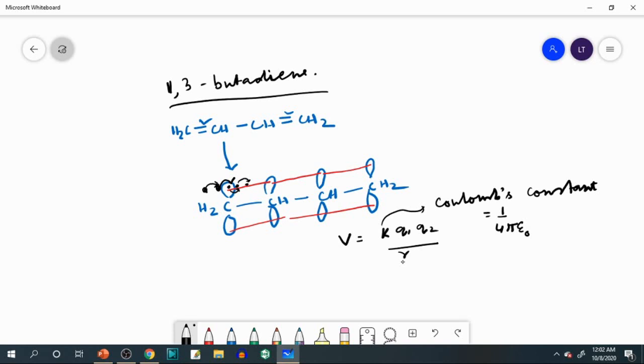Okay, now let's consider what will be the fate of the potential energy if it is located in different positions. So since R is in the denominator, then what will happen?